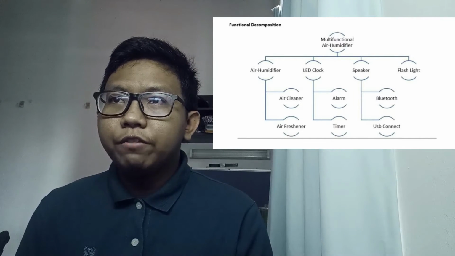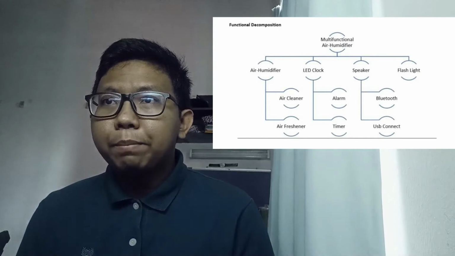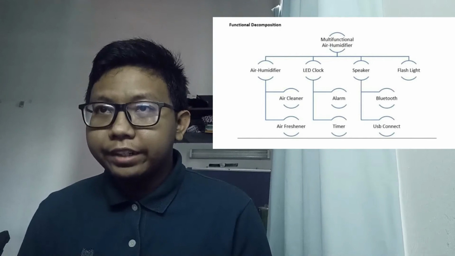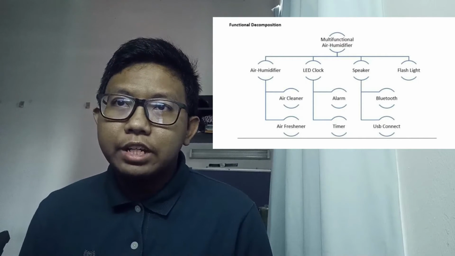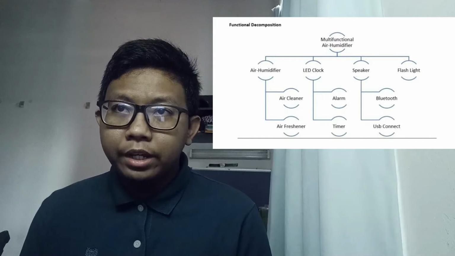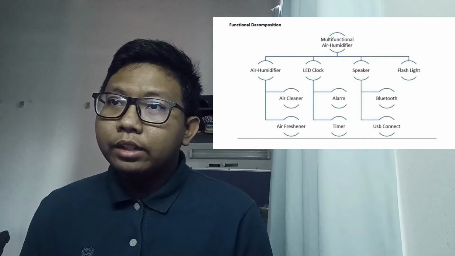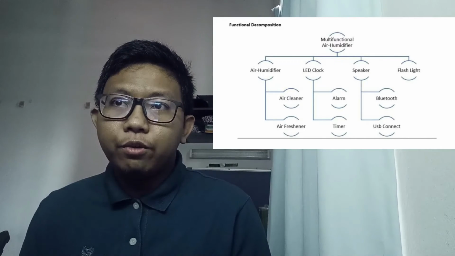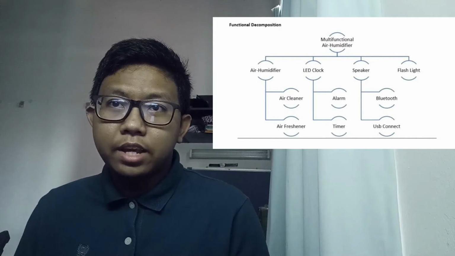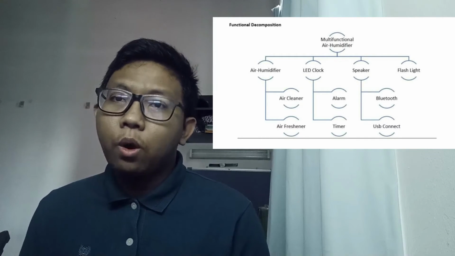For the LED clock, the features we found are alarm and timer. The purpose of the alarm system in this multifunctional air humidifier is to provide convenience to users. Users can use it while sleeping so that they can set an alarm to wake up the next morning. And the timer is intended to make it easier for users to do things like set 30 minutes for an indoor workout and so on.